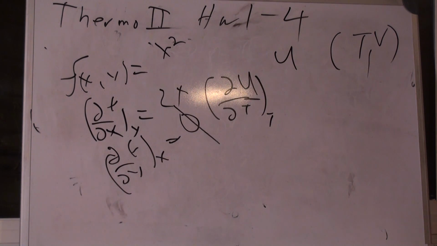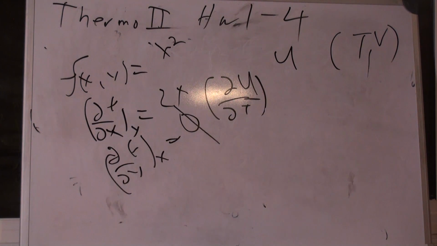Well, let's think about what that derivative says and what I'm trying to show. I'm saying U is only a function of T, meaning the only relationship that has meaning is dU/dT.